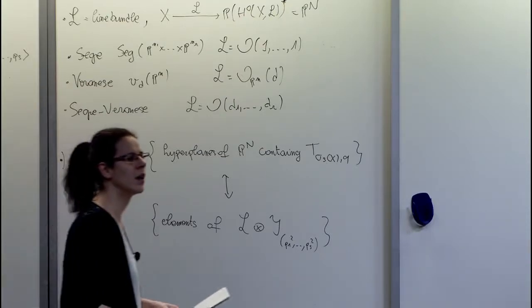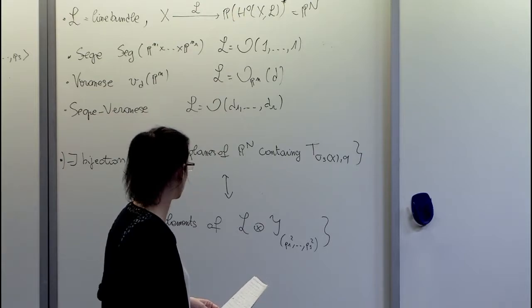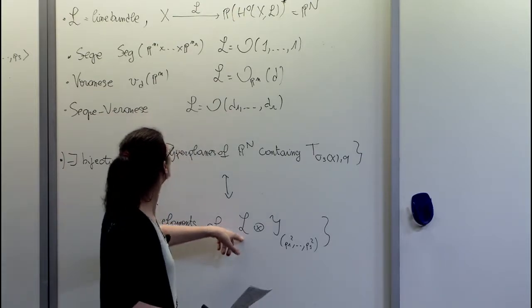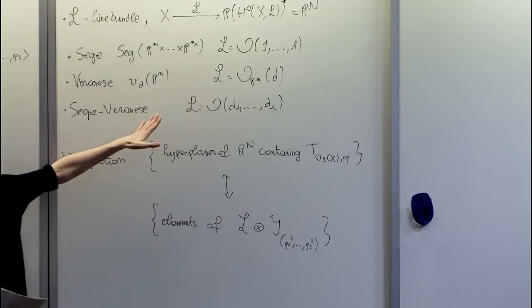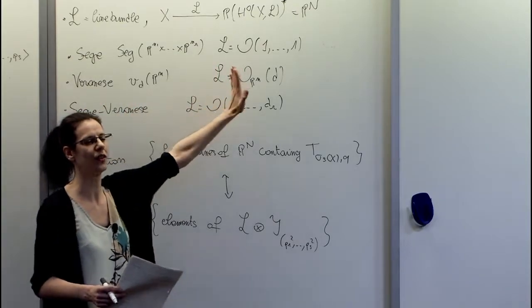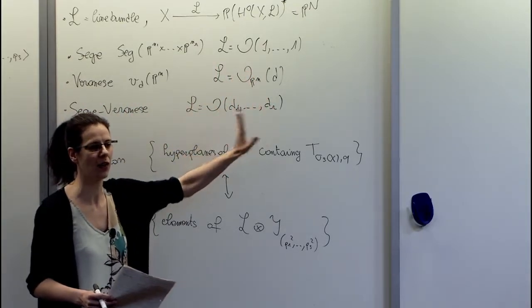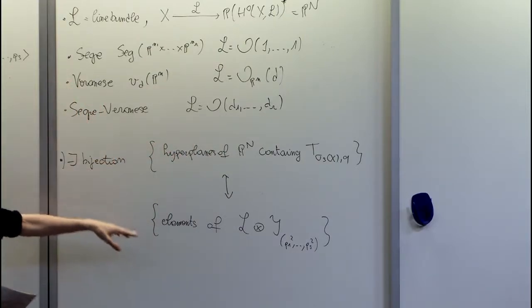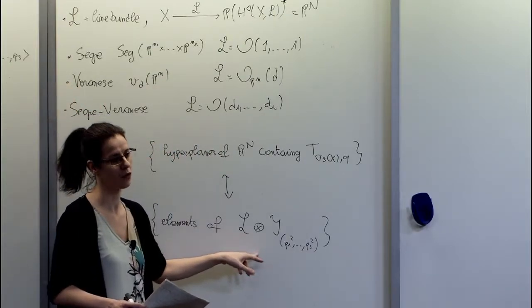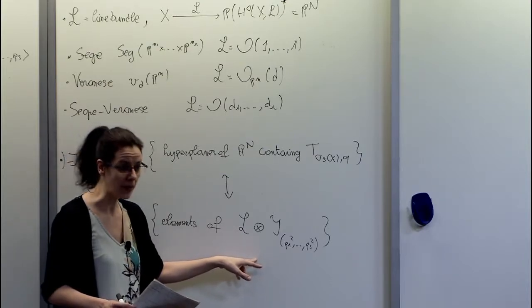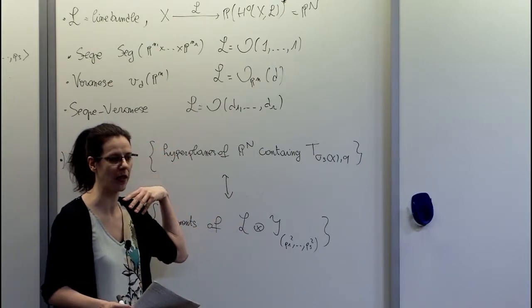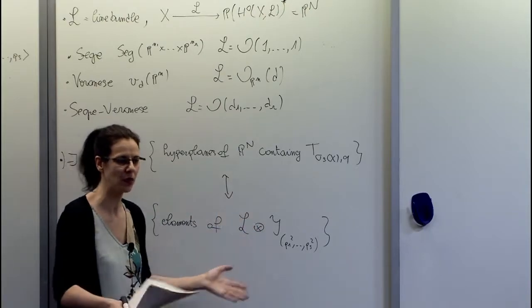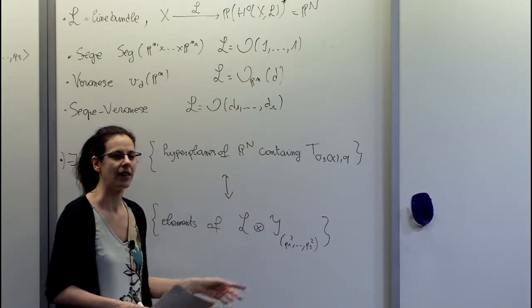Elements of? Sorry? What do you mean when you say elements of? Well, okay, so this is a line bundle, but I can consider the corresponding linear system, and I can think of it as a vector space. In the case of Veronese, for instance, I can think of it as a vector space of homogeneous polynomials of degree d, where d is the order of the Veronese embedding in Pn. So hypersurfaces of Pn, up to scalar.